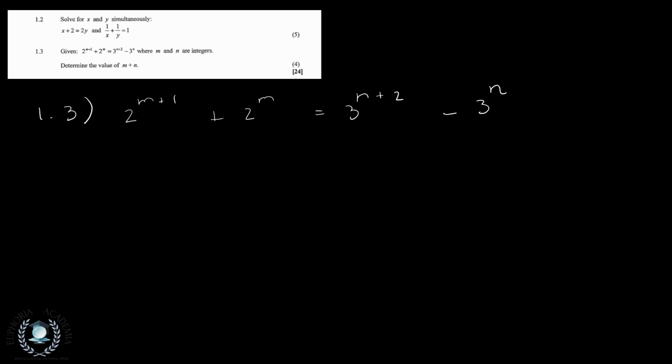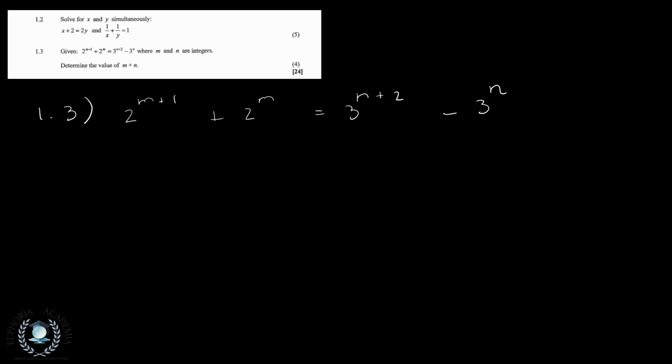All right, so how we're going to do this, we're going to just separate what we need to separate. So we're going to start with the 2 on this side. We have 2 to the power of m plus 1.